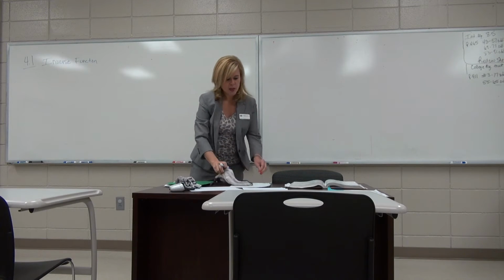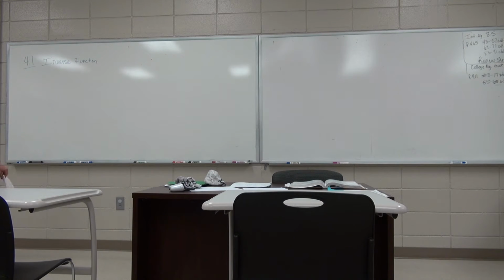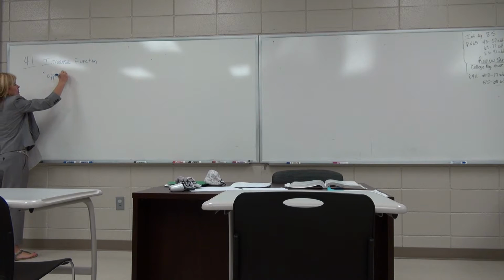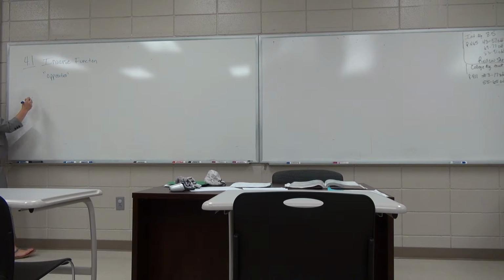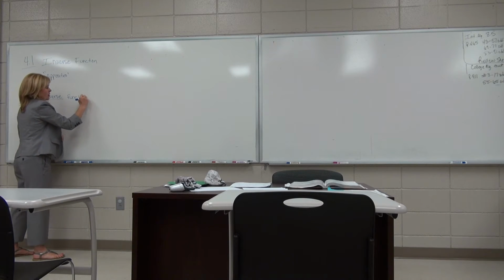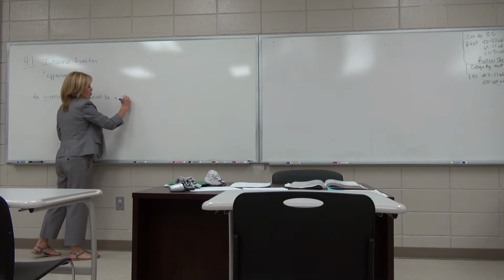Well, first of all, in order for a function to have an inverse, it has to be what's called a one-to-one function. And we'll talk about that for one thing. When you hear inverse, think of the opposite. An inverse function must be a one-to-one function.